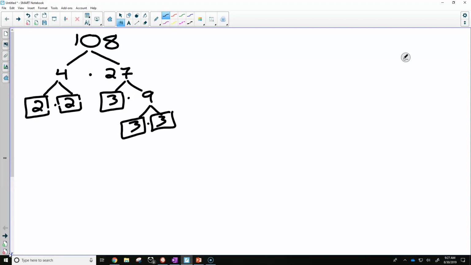Okay, what about these numbers? 4, 27, 9, 108. We were able to break them down into other multiplication problems. So because they have other factors besides 1 and themselves, they are not prime, they are what? Very good. Composite. So, prime has only 2 factors, and in parentheses, I'll say 1 and itself.